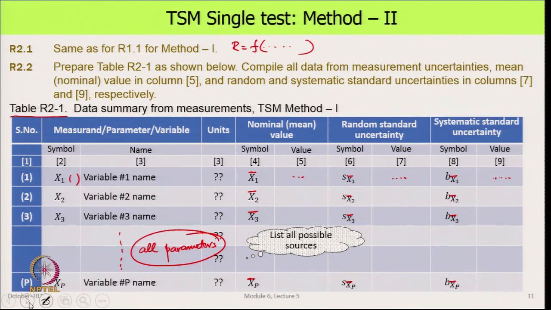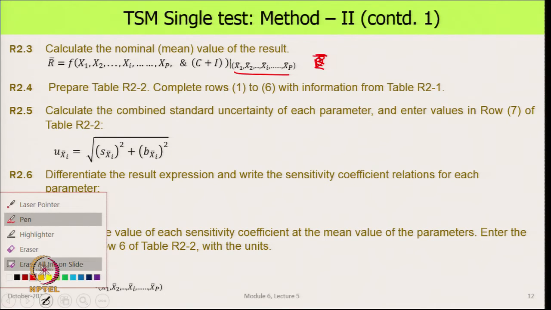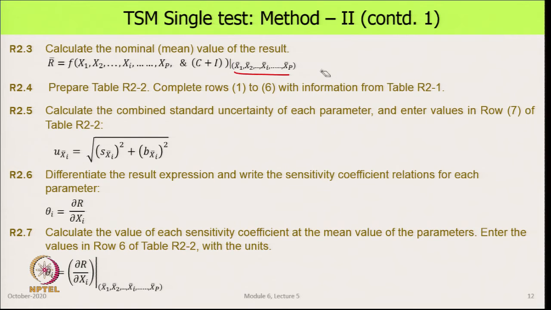So, in the next step, we go back to the result formula, put the mean values and calculate the value of the mean value of the result, r bar. So, this is r bar.